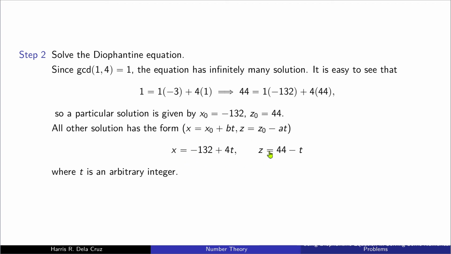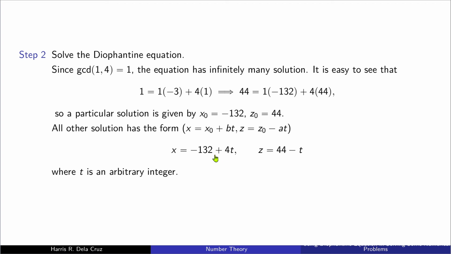Pero hindi lahat ng value ng t, may sense yung makukuha nating solution dun sa original problem. Yes, it will satisfy the Diophantine equation, but the result may not be sensible. Bakit? Halimbawa, yung t na kukunin natin ay 1. So, yung lalabas na value ng x, negative. Eh, hindi naman tayo pwedeng bumili ng negative na apples.